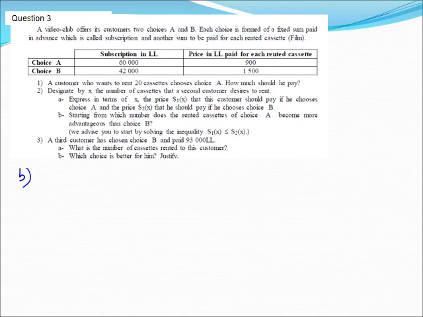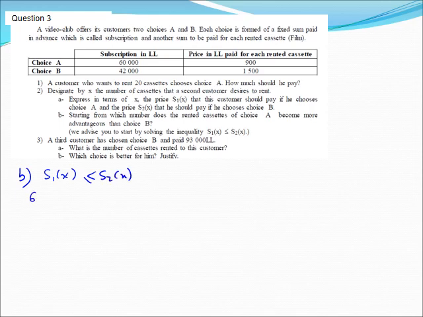Number 3. Starting from which number of rented cassettes does choice A become more advantageous than choice B? We advise you to start by solving the inequality P1 of x less than or equal to P2 of x.